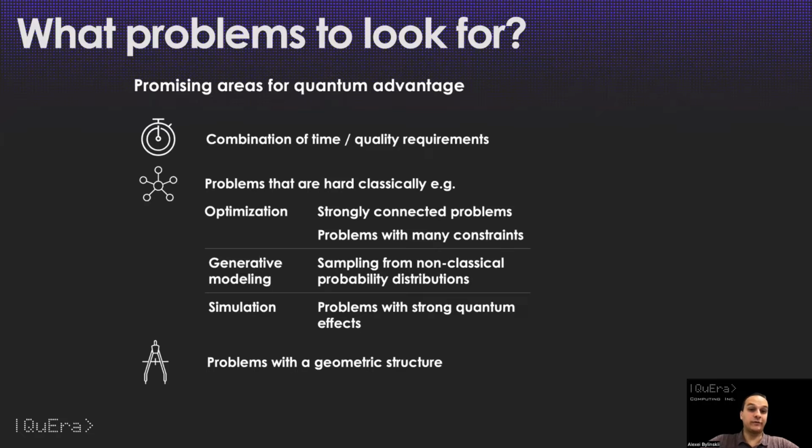If you would like to review that, please look at the recording of that webinar. And finally, as I hope I made clear in this presentation so far, problems with geometric structure would be the first place to look, because they can get encoded onto our FPQA with very low qubit encoding overhead.